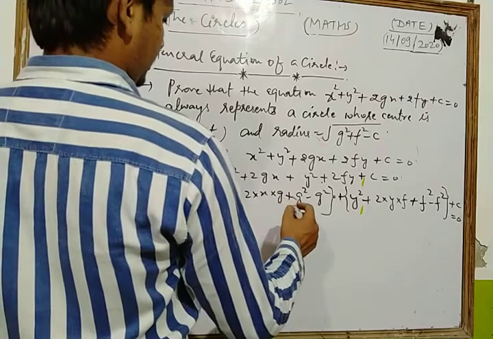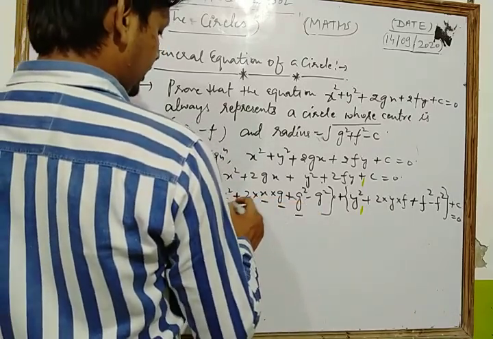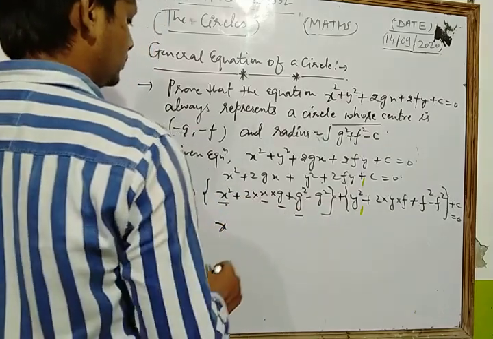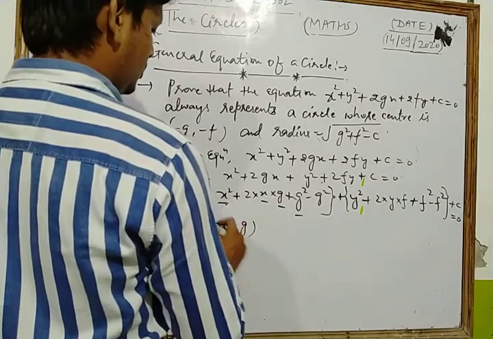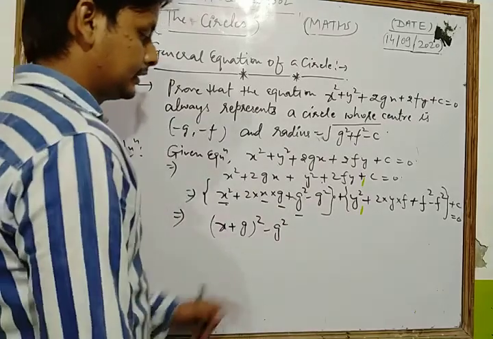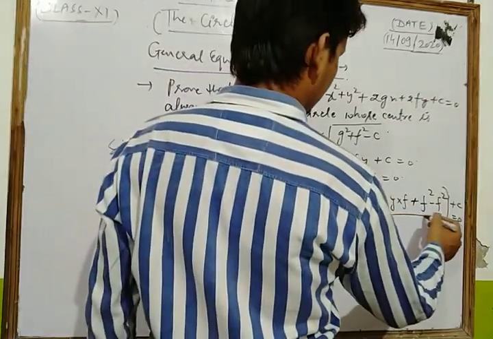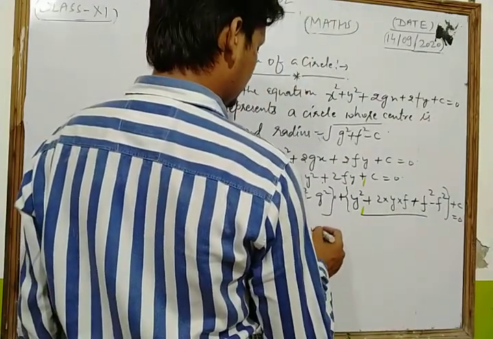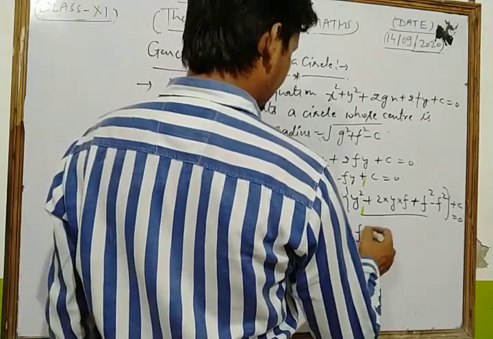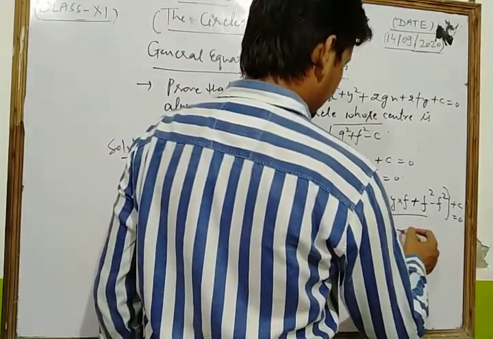A square plus b square plus 2ab. Here we write that part as (x plus g) whole square and minus g square as it is. Okay, in the same way we write plus (y plus f) whole square and minus f square as it is. Okay, now we write plus c as it is, equal to 0.